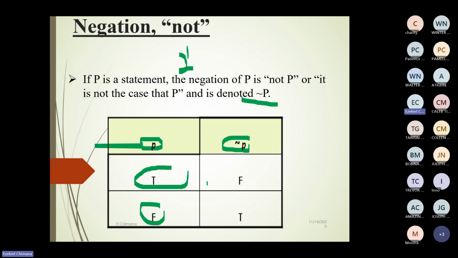And then we are saying the negation of P. So the negation of true is false, because we are just doing the opposite. The negation of false is true. That's why we have these values. We are applying the negation to this value, and then we get this. So this one is just a column of results.